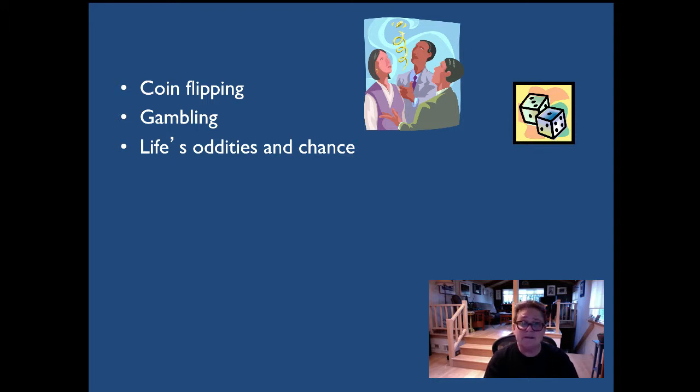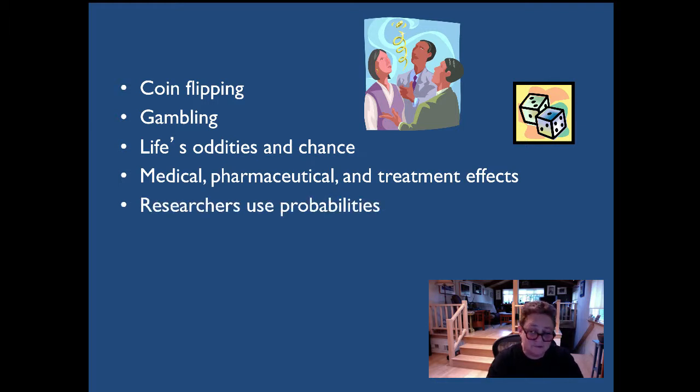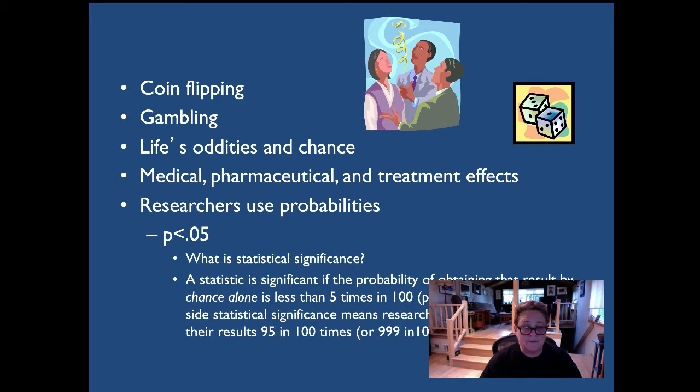But what if the doctor said there's only a 5% chance that that treatment will work? Will you do the treatment? And of course, in Las Vegas, people use chance. We also use probability in statistics. Researchers use probabilities.